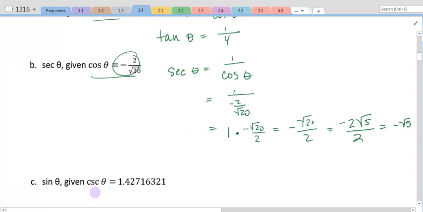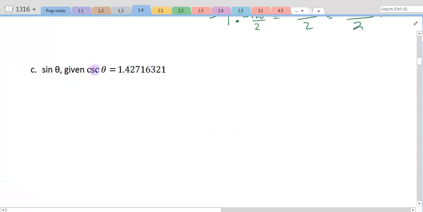The last one we want to look at is asking me to find out what the sine of theta is given the cosecant of this long value here. I know that sine and cosecant are reciprocals of each other, so therefore the sine of theta is 1 over the cosecant of theta. The cosecant of theta is this big long decimal value here.